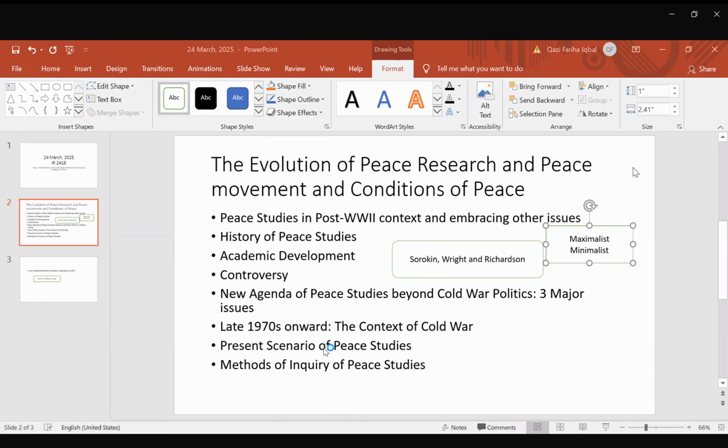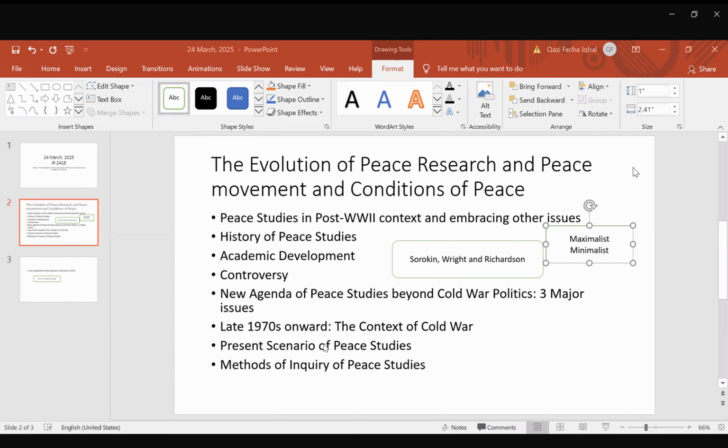Number 5, it focuses on a global outlook. What sort of global outlook? It suggests the adoption of a global and multicultural approach. So it is going beyond this ethnocentric Western view. Rather, it is trying to associate with different cultures and different political contexts throughout different geographical areas.